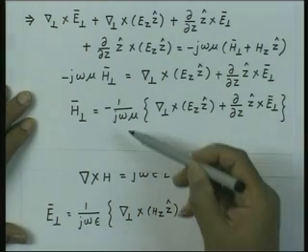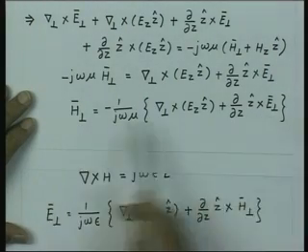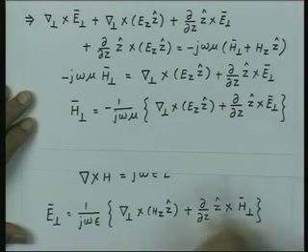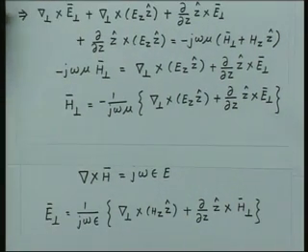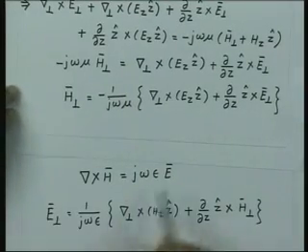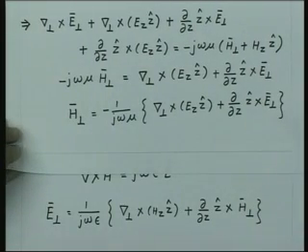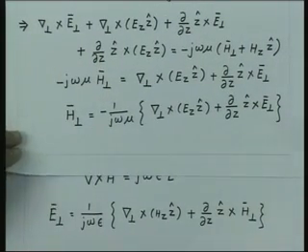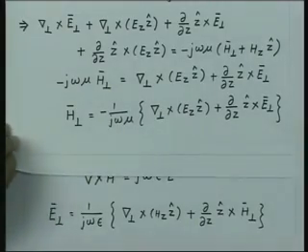So, now we have these two equations where H transverse and E transverse are related. Now, we can substitute H transverse from this equation into this equation, and bring the E transverse term on one side.